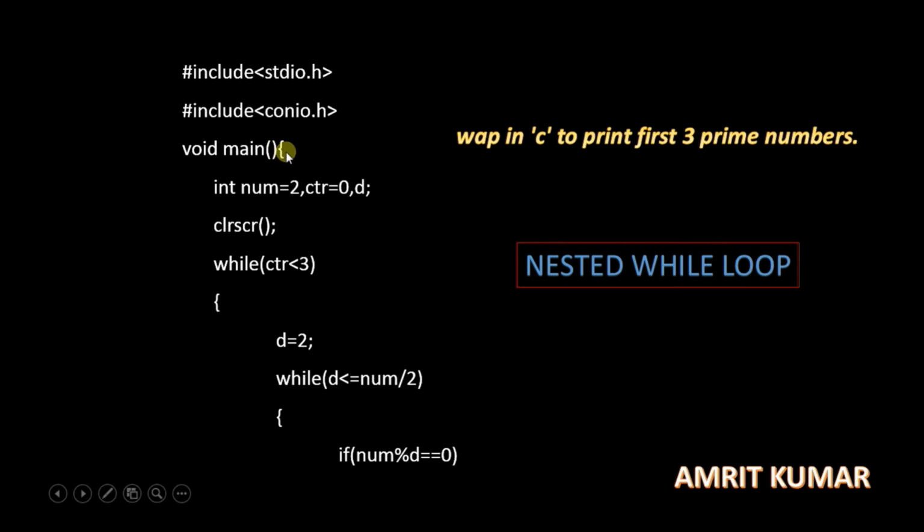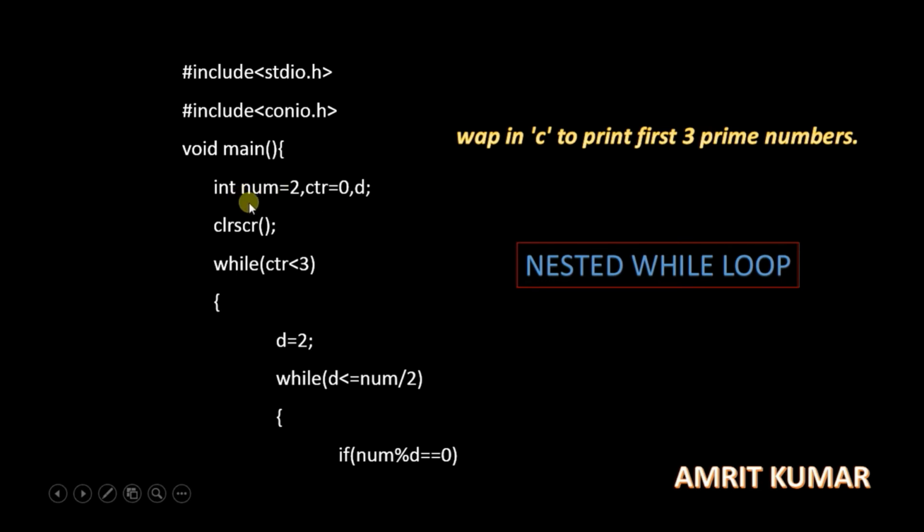After opening the function with the open curly braces, because I have to solve a problem, that is, write a program in C to print the first three prime numbers, how will we do it? Let's look.